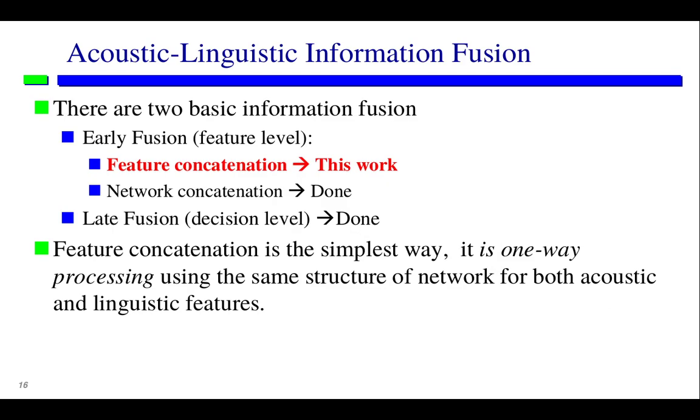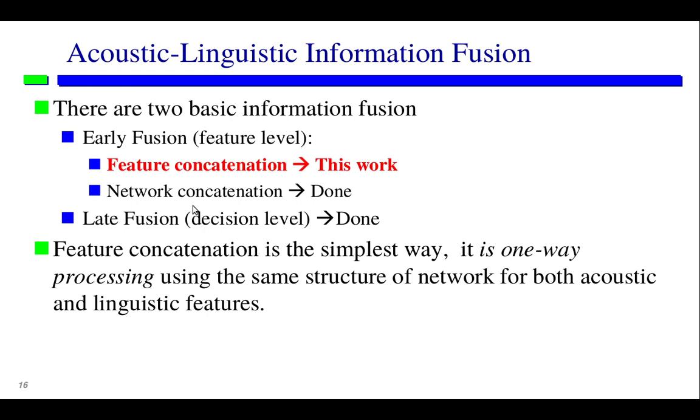And for acoustic and linguistic information fusion, there are two main methods. The first is early fusion, or feature level concatenation, or feature level fusion, and the second one is late fusion, or decision level fusion. The other two I already did in the past. In the current work, I do feature concatenation, because I think it is the simplest, since it only uses one model.